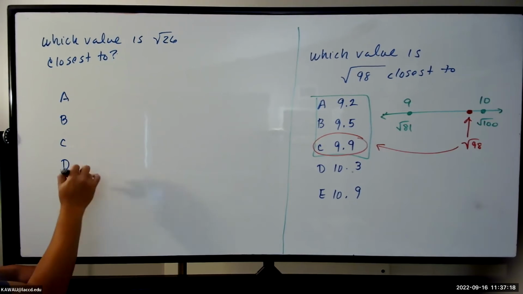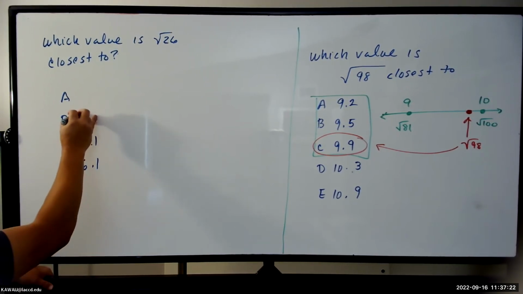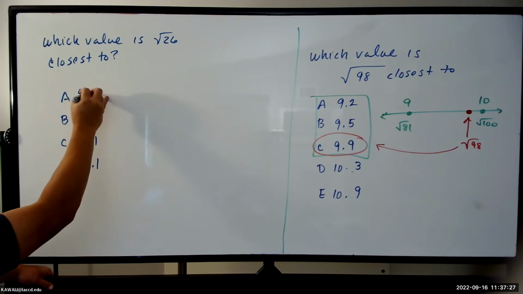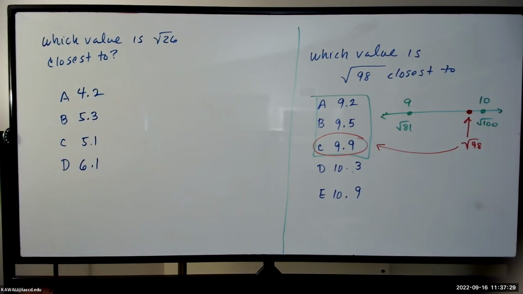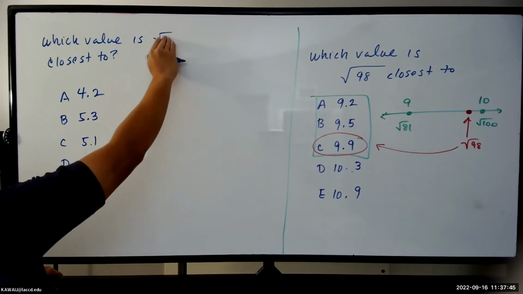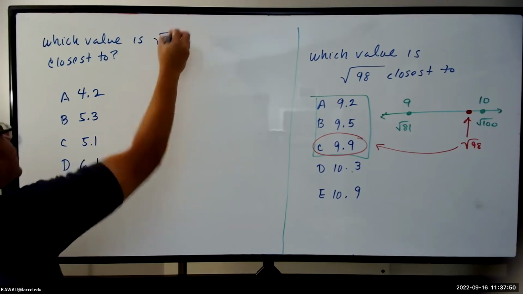Oops, I'm sorry. 6.1, 5.1, 5.3, 4.0. Oh, wait. I did something wrong. Give me 1 second. 5 and that's not the one I want. Okay, I want to put 35 here. Okay.